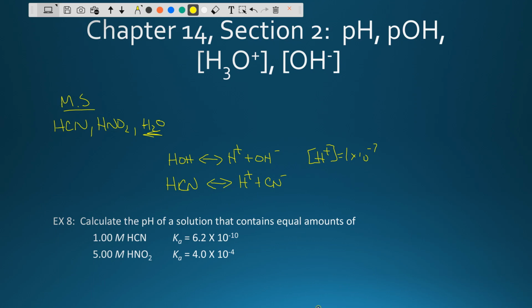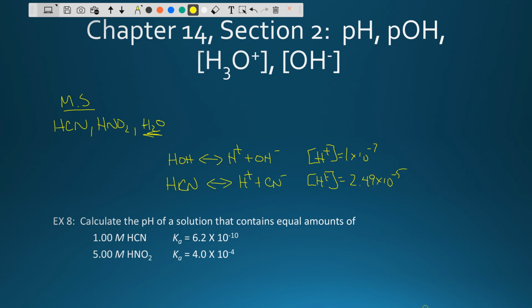My hydrogen ion, they tell me in this case, if I look this up, I would see that my hydrogen concentration, again, I just looked this one up, is a value of 2.49 times 10 to the negative 5.